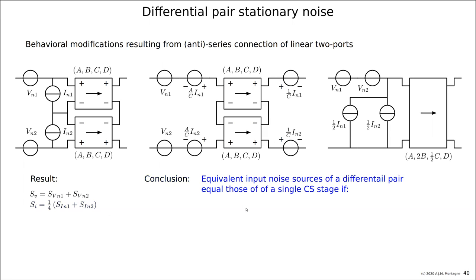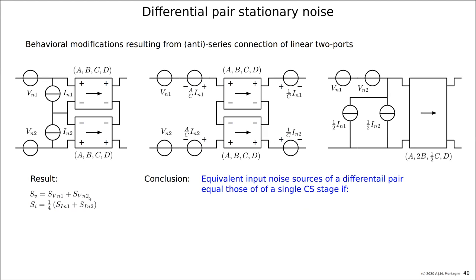So conclusion, the equivalent input noise sources of a differential pair equal those of the CS stage if, well, you see they don't equal. Here the voltage is 2 times larger and the current is 2 times smaller. So what if we are going to make those voltage sources smaller by using wider transistors and increase the current?